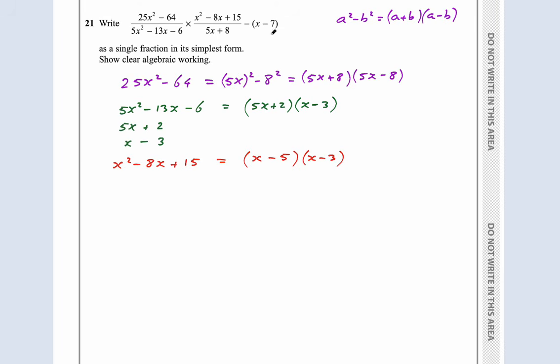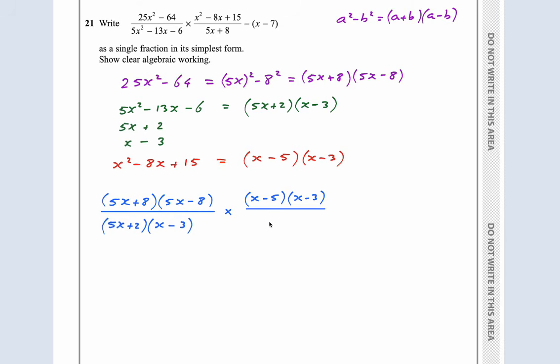Now, to put all this together, this becomes 5x plus 8 times 5x minus 8. The bottom is 5x plus 2 times x minus 3, times x minus 5 times x minus 3, all over 5x plus 8.